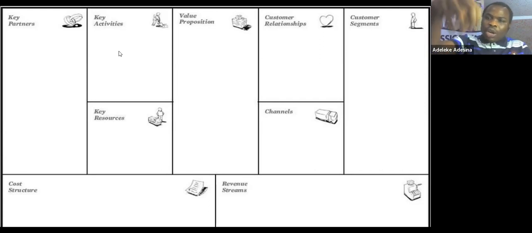So you need to list those key activities. What are the things that you'll be doing that will keep your business running? So for Amazon, for example, one of their key activities is logistics. They need logistics to deliver their products when an order is made, to ensure that the order is delivered. Then platform development.